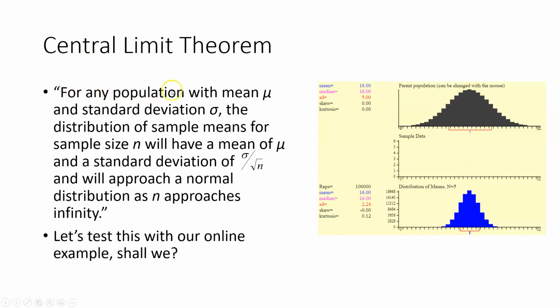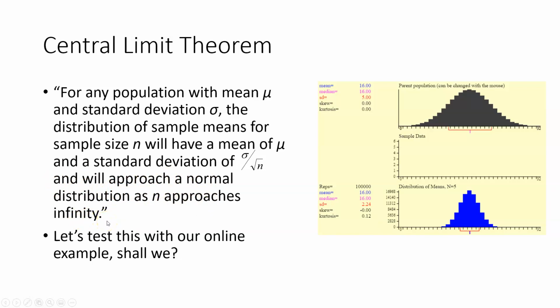Quote, for any population with a mean of mu and a standard deviation of sigma, the distribution of sample means for a sample size of n will have a mean of mu and a standard deviation of sigma over the square root of n, and will approach a normal distribution as n approaches infinity.